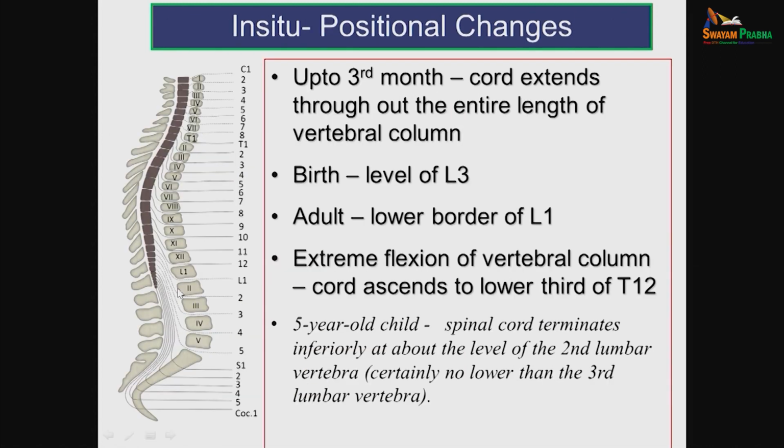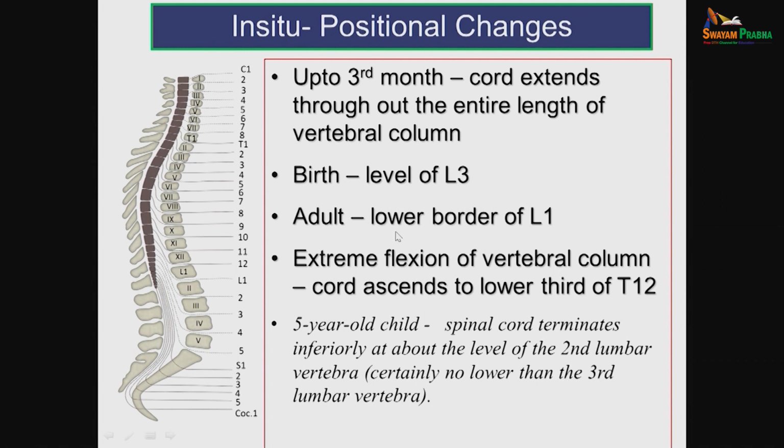Next, we will study the positional changes of the cord. If you look at the cord during fetal life, that is up to the 3rd month of fetal life, the cord will extend throughout the length of the vertebral column. Afterwards, the vertebral column is going to grow faster and hence when the baby is born, the spinal cord ends at the level of L3 vertebra. There is a rostral shift of the spinal cord.